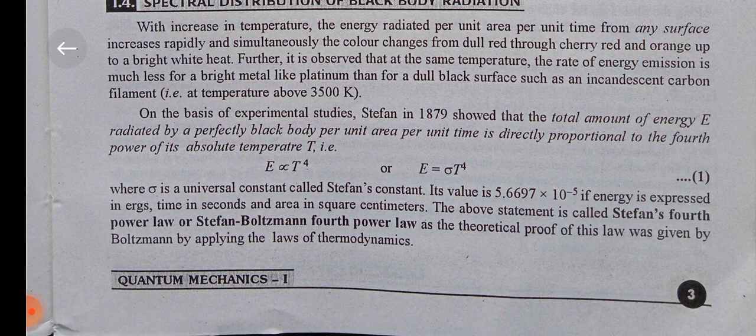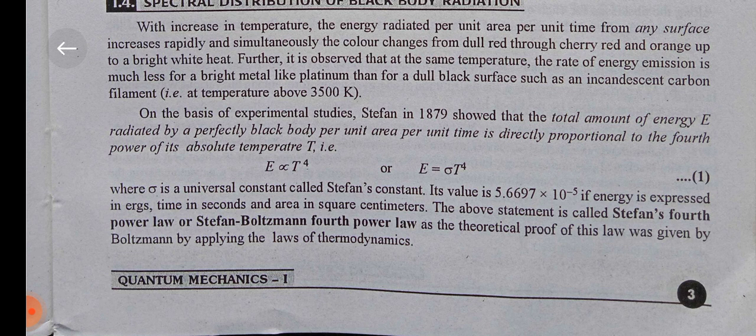On the basis of experimental studies, Stefan in 1879 showed that the total amount of energy irradiated by a perfectly black body per unit area per unit time is directly proportional to the fourth power of its absolute temperature, that is T, where sigma is a universal constant, also called Stefan constant.